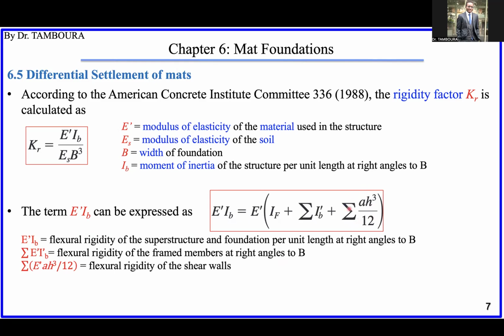This last part is the flexural rigidity of the shear wall, where A is the thickness of the shear wall and H is the shear wall height.